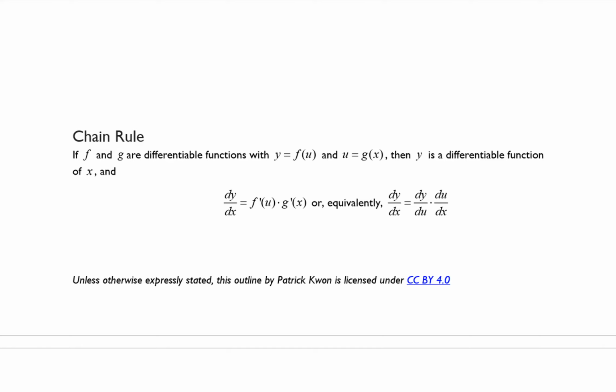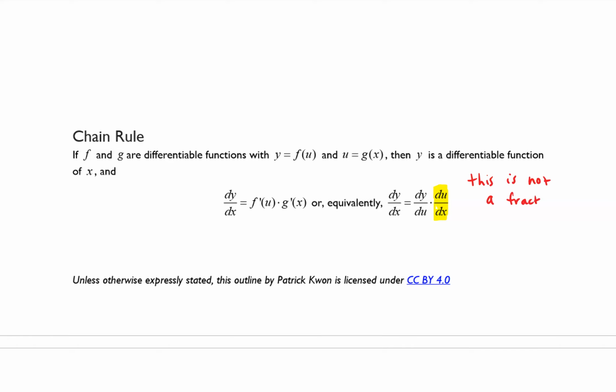Now, something that is often thought of but is a common misconception is that in this last equation, each of these components, so if I took a look at du/dx, I want to comment, this is not a fraction.